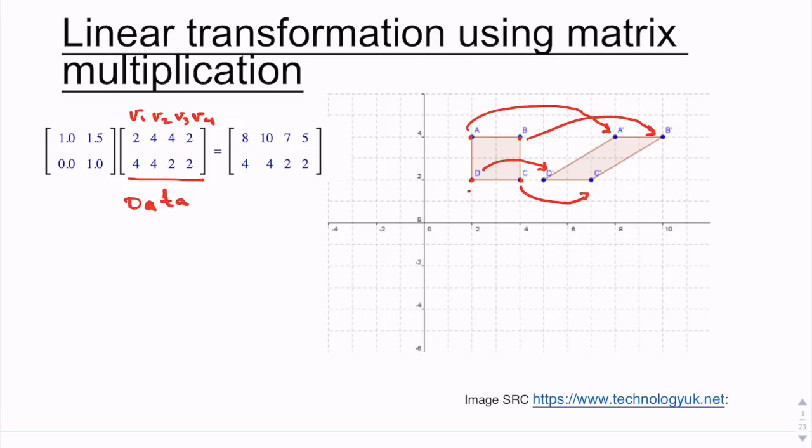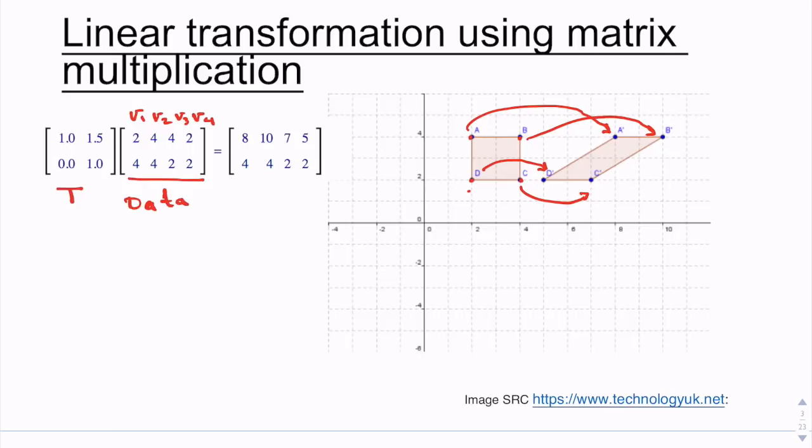Let's say I managed to design a matrix that does the required transformation. When I multiply the data matrix by T, where T denotes the transformation matrix, I get the new coordinates of the transformed data. As you see, the square is now stretched and also a little bit rotated.